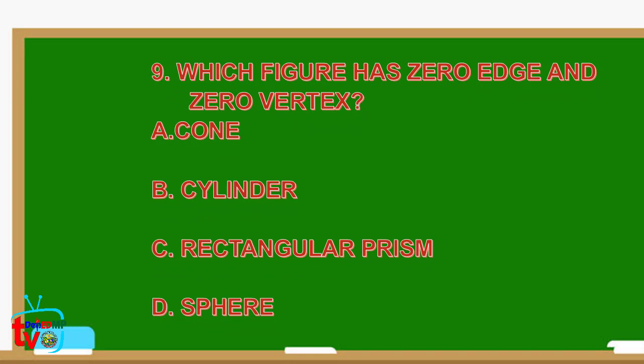Number 9. Which figure has 0 edge and 0 vertex? A. Cone. B. Cylinder. C. Rectangular prism. D. Sphere.